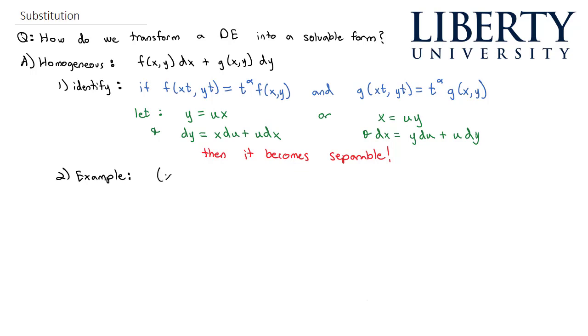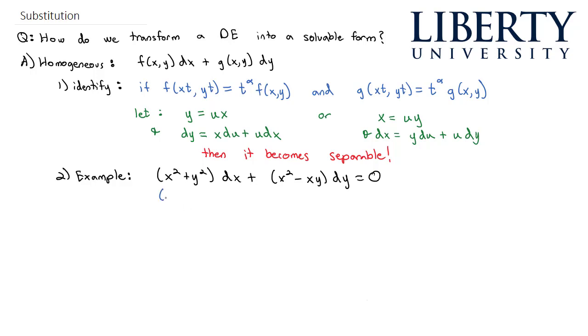Let's solve (x squared plus y squared) dx plus (x squared minus xy) dy equals 0. Now, first we have to determine, is it homogeneous?